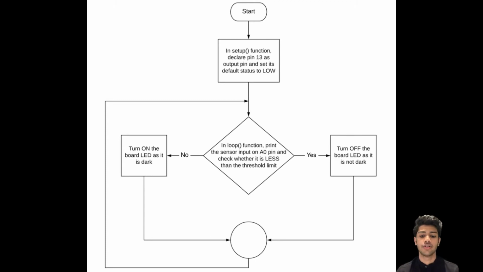In the loop function, first of all, we are going to take the analog output given to us by the sensor module through the A0 pin, and check whether it is less than the threshold limit. By the threshold limit, I mean that it is going to give you an integer equivalent value between 0 and 1023. So let us keep a threshold limit of, say, 500.